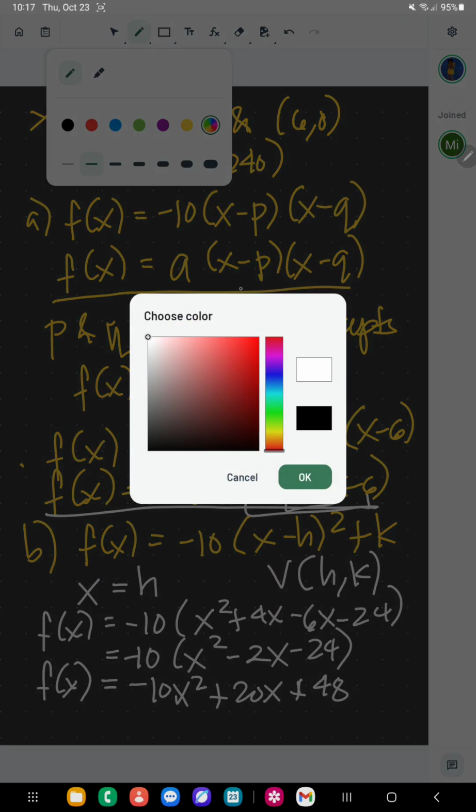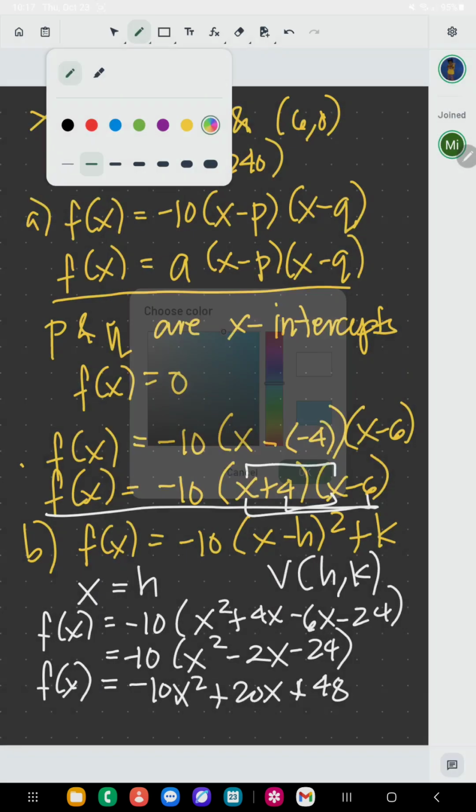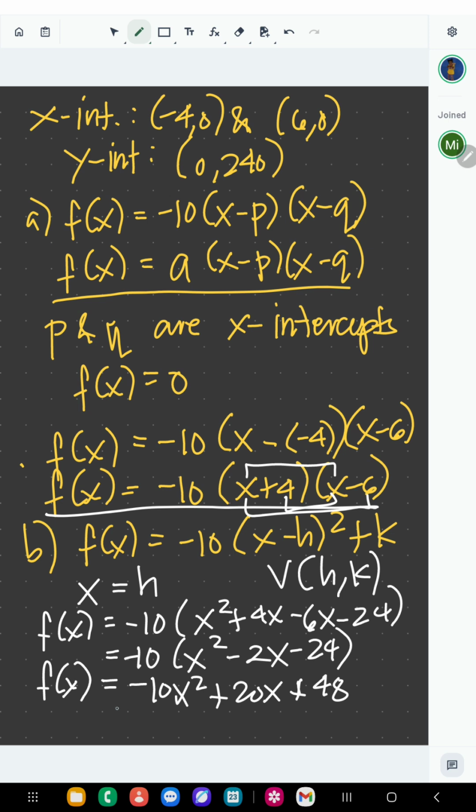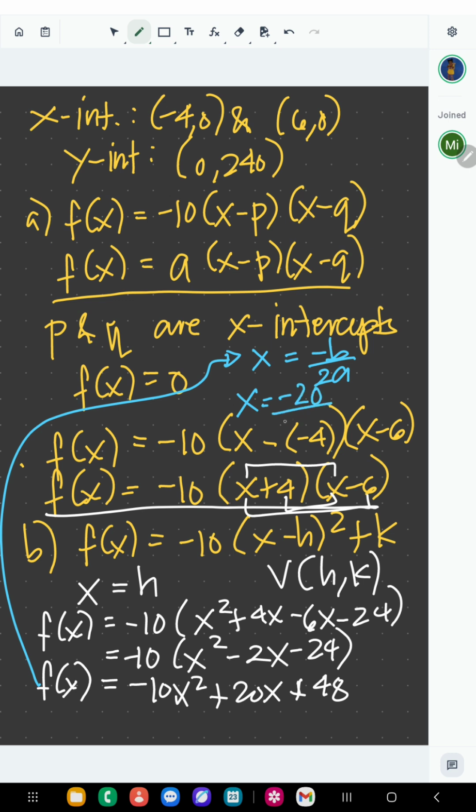Now we can solve for the axis of symmetry. Okay, I will write here in blue. Axis of symmetry is equal to negative b over 2a. Then x is equal to negative 20 over 2 times negative 10.